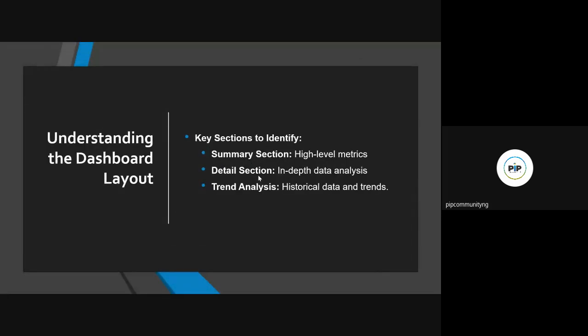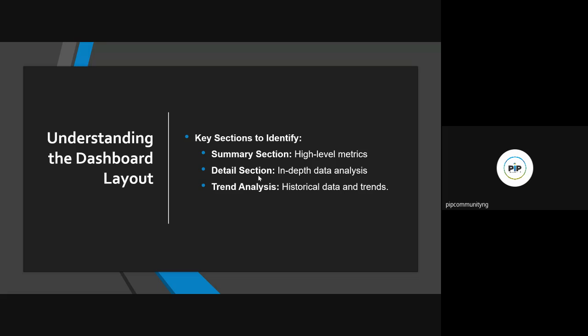Understanding the dashboard layout. These are the key sections to understand your dashboard. First are the high-level metrics, which are your KPIs. Then we have the detailed section, which has your charts and your slicers that you can use to drill through to see the granularity of your data.